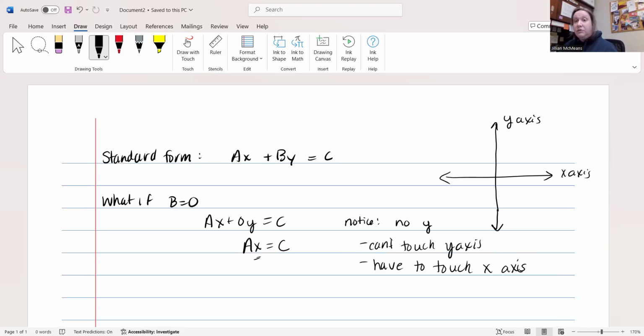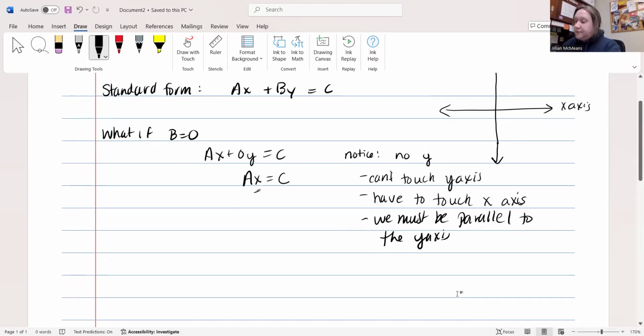For that to happen, we have to be parallel to it. So two lines never intersect if they're parallel. So we must be parallel to the y-axis. Now, what kind of line is parallel to the y-axis? Vertical lines, okay? So that means that we are vertical. Thus, we are vertical.